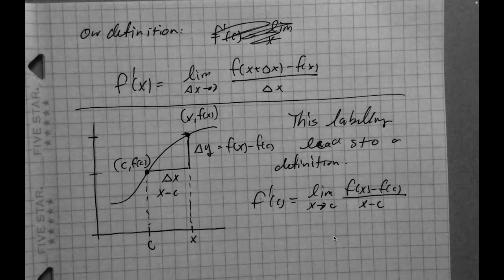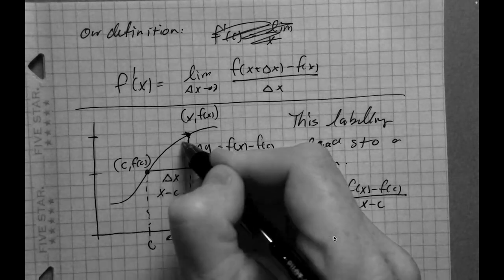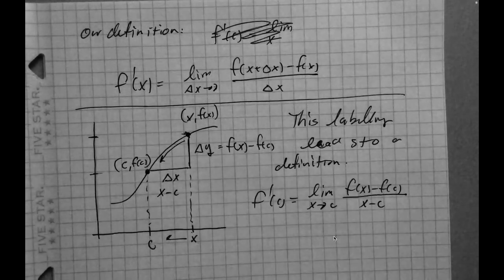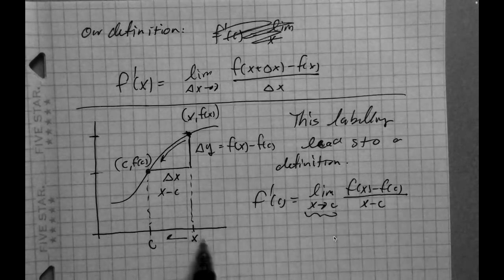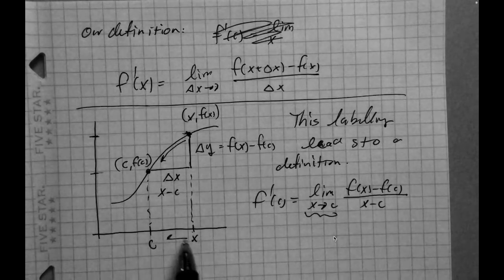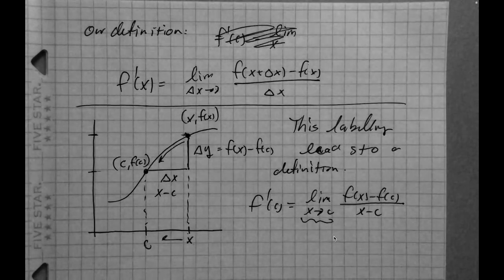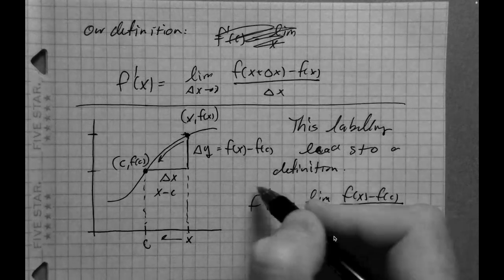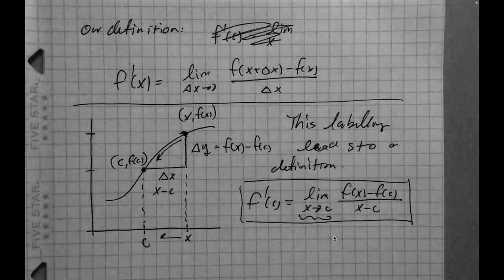This is just another way of saying let's bring x closer to c, bring this point closer, and calculate the slope of the tangent line as these things get closer and closer. In fact, let's take the limit as x approaches c, which means x disappears into c, becomes arbitrarily close to c. This is just a different way of articulating that whole process.